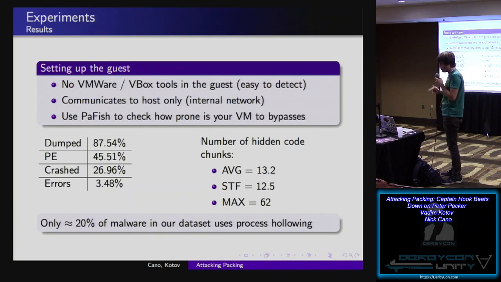Before actually running the large-scale experiments, we used Paranoid Fish to check how prone our machines were to bypasses. The important thing here is that Paranoid Fish is a pretty good testing tool for your VMs, and it's really hard to satisfy all of the checks that it does.